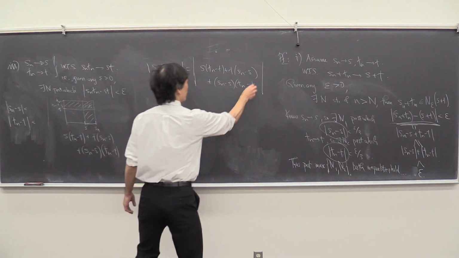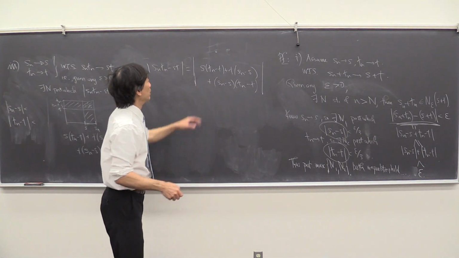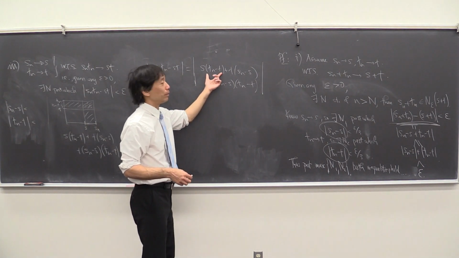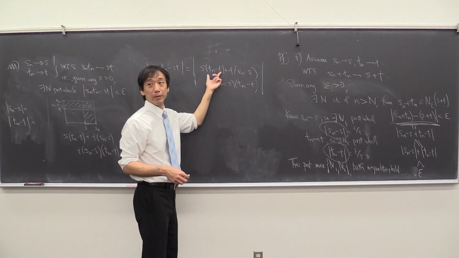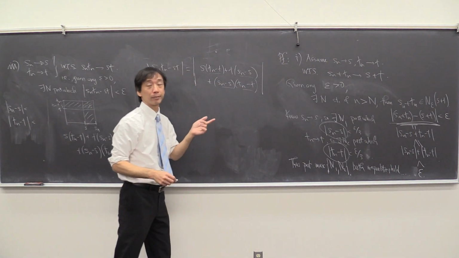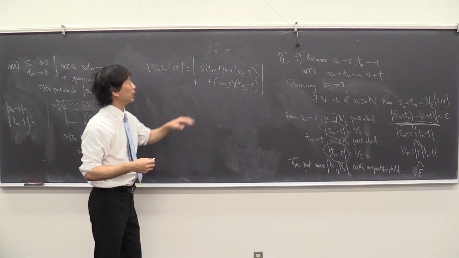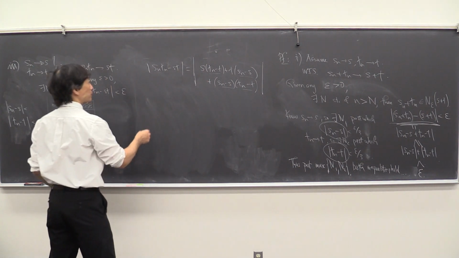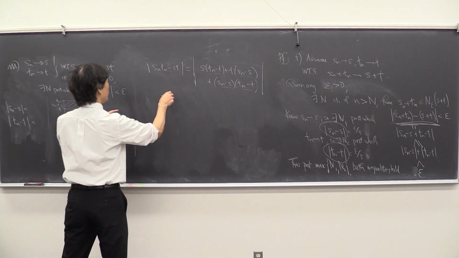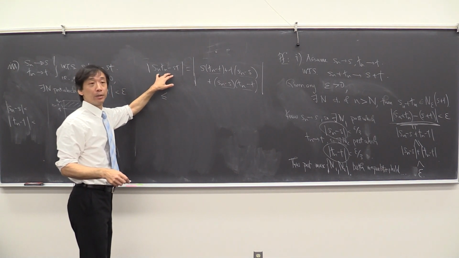So now I hope you see why we did this. We did this because these are all things that we have control over. We're trying to show that we can make this thing small.